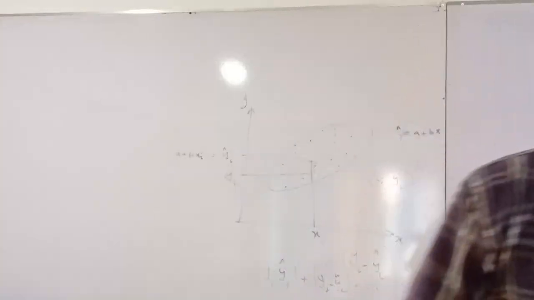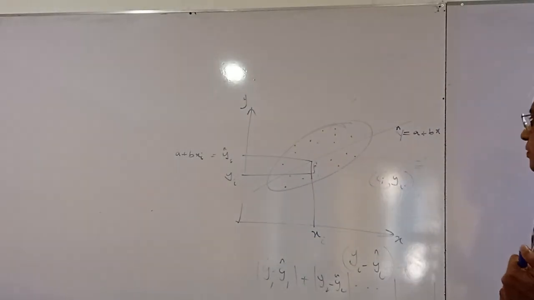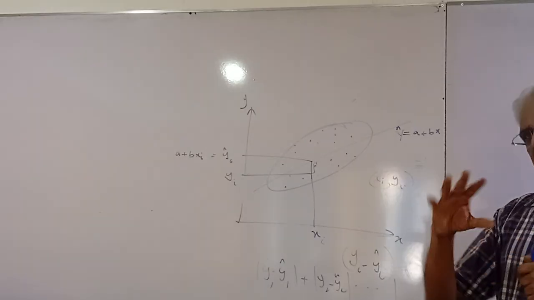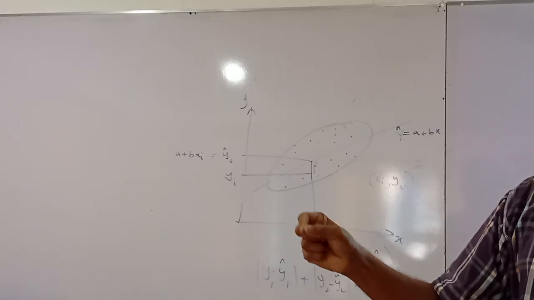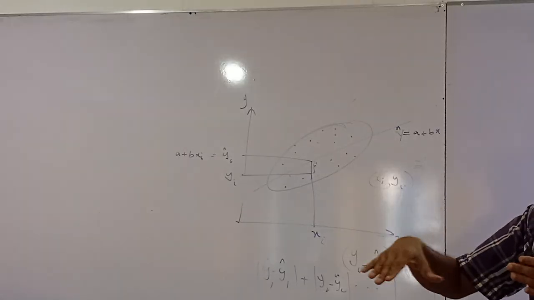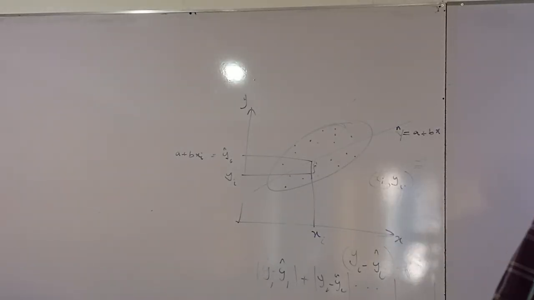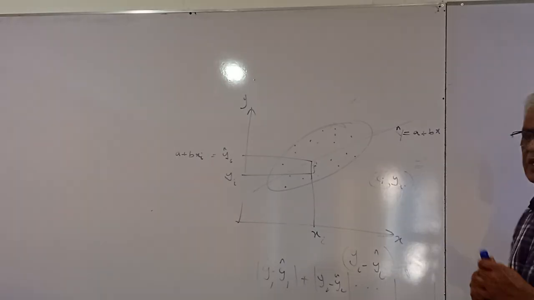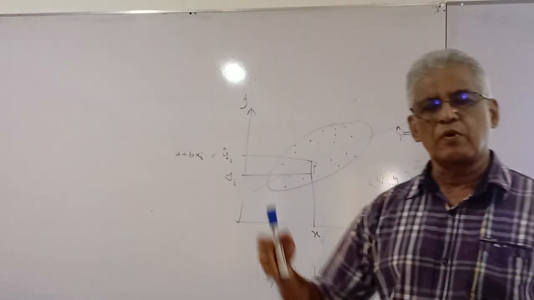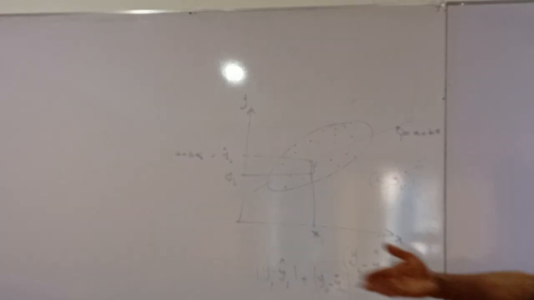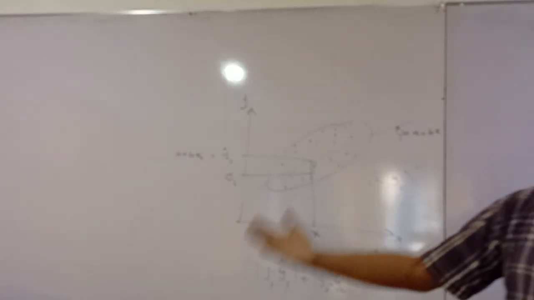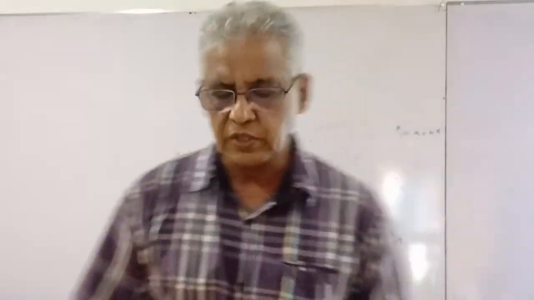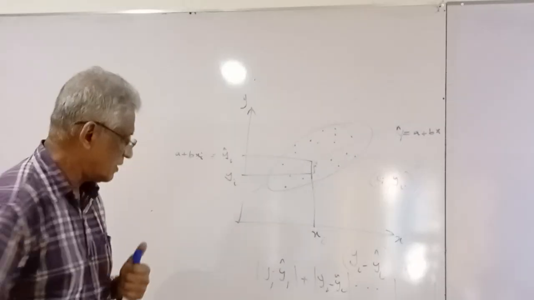That's not a good thing, because our line has to be kind of stable. Even if there is a small change in x and y, the slope and intercept should not change that much. But if you minimize the sum of absolute errors, you can find suitable a and b values, but that line has been found to be unstable.